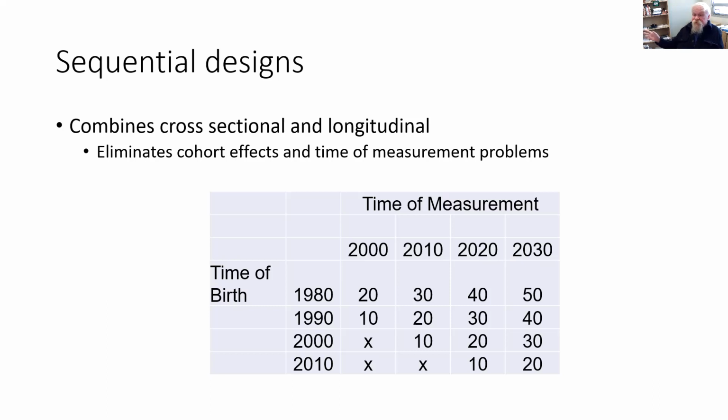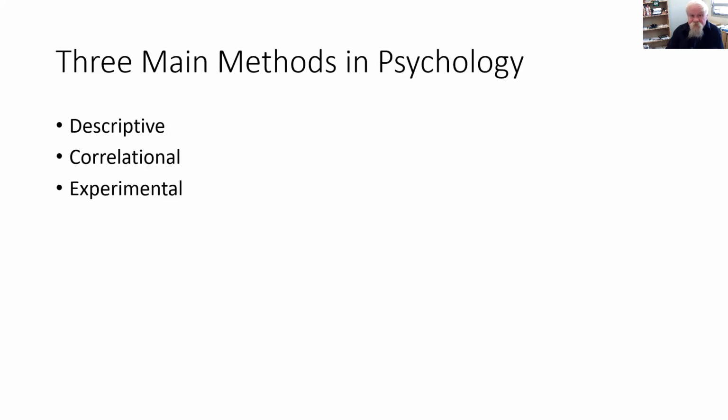And so this eliminates cohort effects because people were born in different cohorts. And you're also eliminating time of measurement problems because maybe the pandemic starts in, when was it, 2020 or something like that? Well, we tested people in 2000 and 2010, and then during the pandemic, and then 10 years later, I don't know if the pandemic will ever end, but maybe in 2030 it will. And so you can see changes in behavior between each of these age groups over time. And that's called a sequential design.